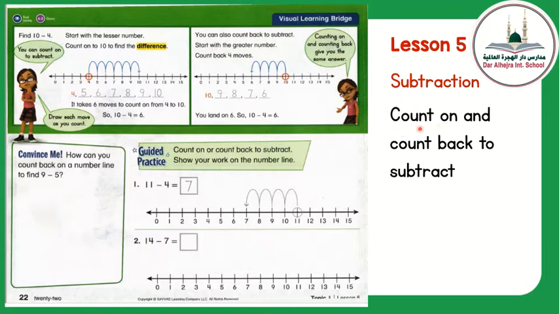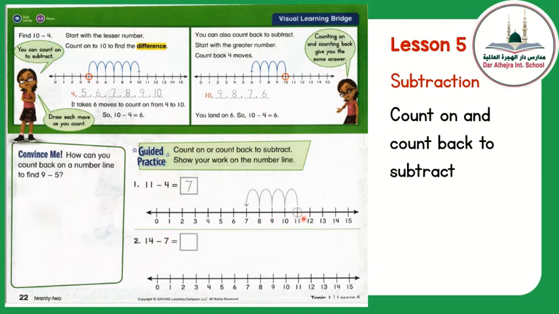If we are using the count on method, we start with the smaller number. Like here, if I've got 11 minus 4 and I'm going to use the count on method, I will start with number 4. Then I will make jumps until I reach 11. Then I will count the number of jumps and write it here. But if on the same number line I'm going to use the count back method, I'm going to start with the greater number, like here.